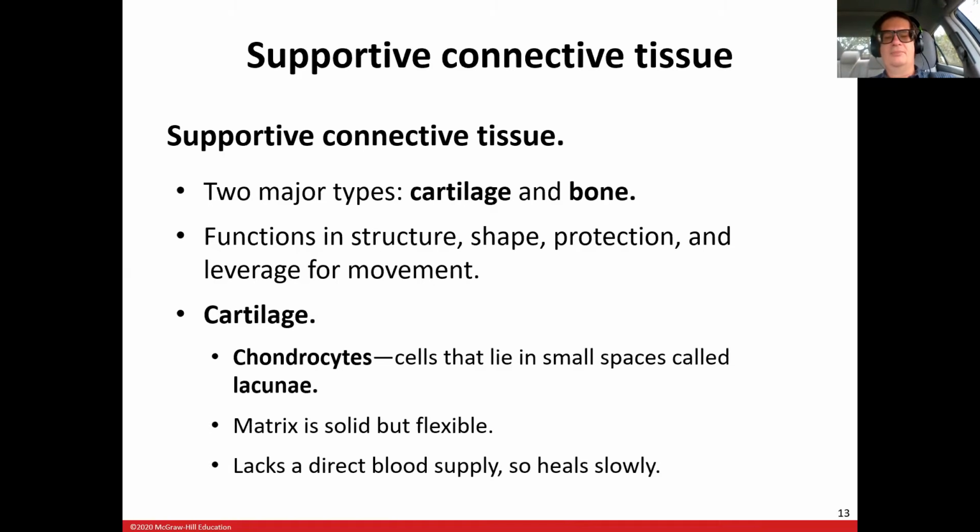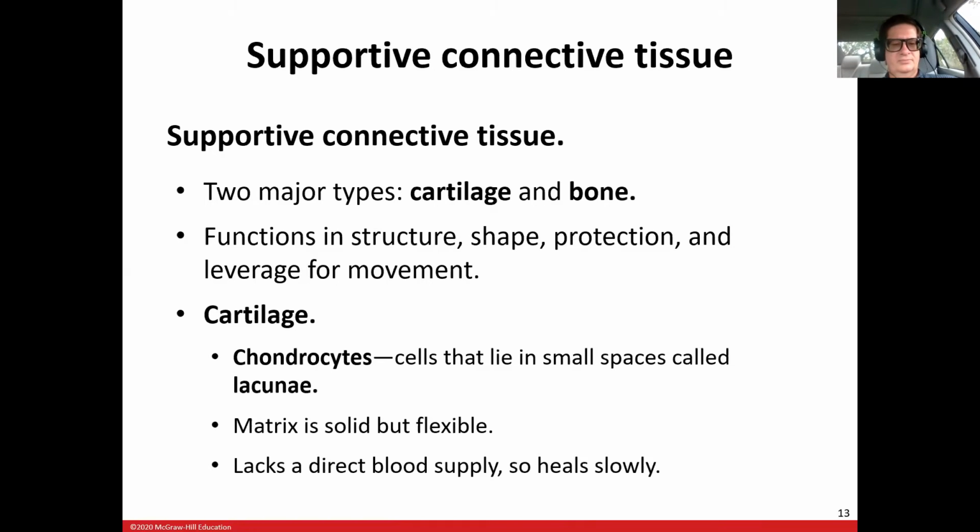That's what I was talking about before, where if you're going to move the thumb away, we call that abducting. The abductor pollicis longus is a muscle that pulls on the thumb. So you're going to move your thumb. You've got muscles that pull on the bone. That's the leverage they're talking about.